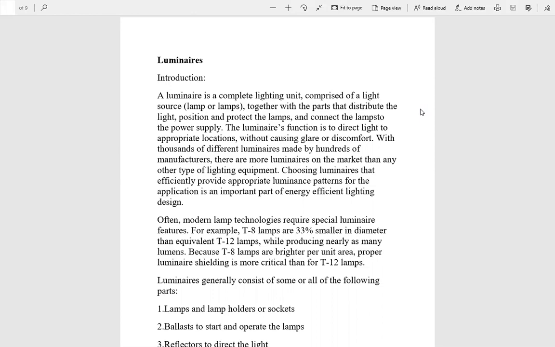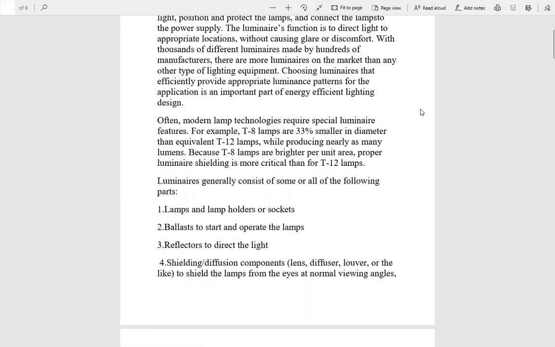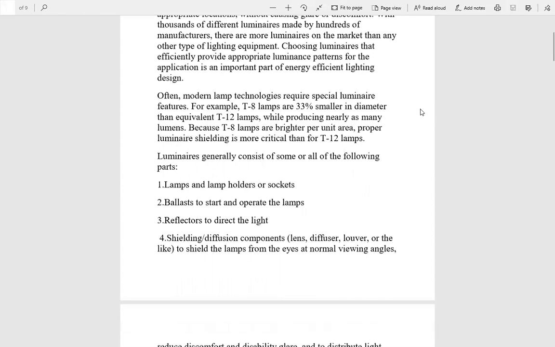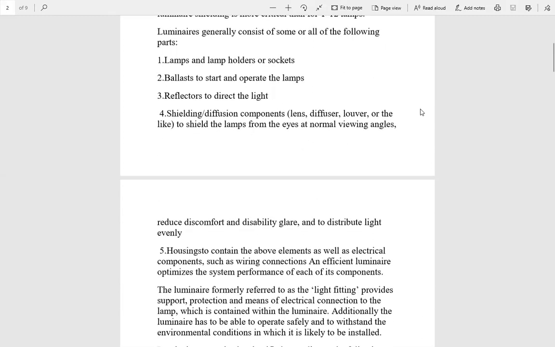Luminaires generally consist of some or all of the following parts: lamps and lamp holders or sockets, ballasts to start and operate the lamps, reflectors to direct the light, shielding or diffusion components, that is lens, diffuser, louver or the like, to shield the lamps from eyes at normal viewing angles, reduce discomfort and disability glare, and to distribute light evenly.